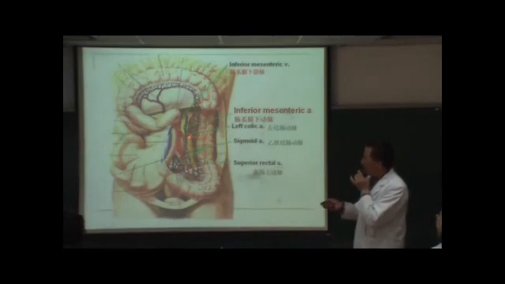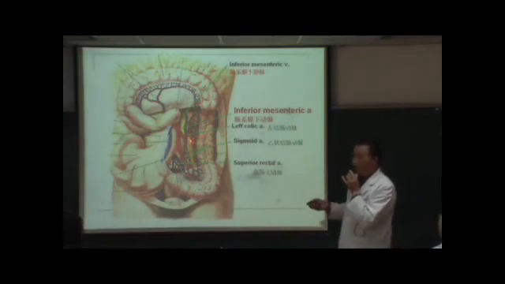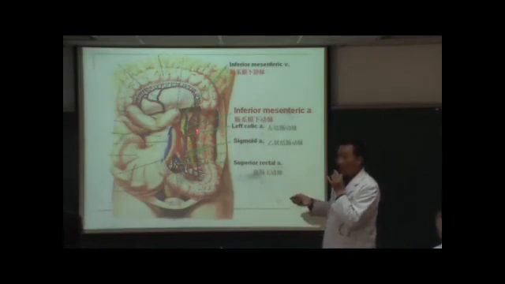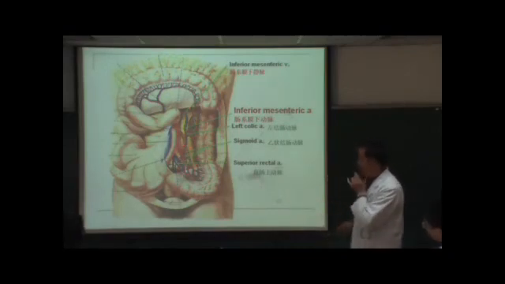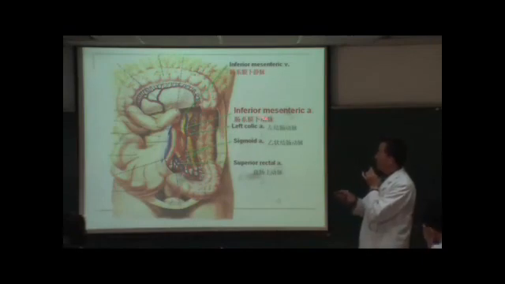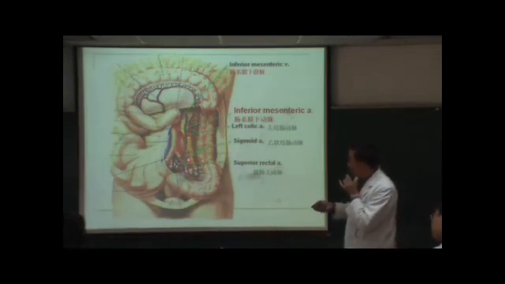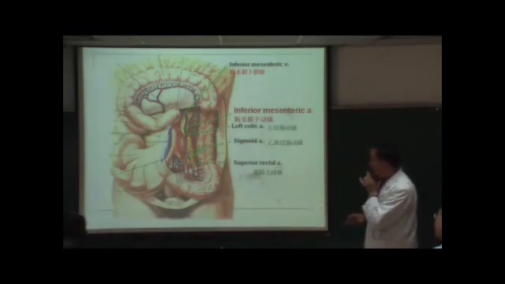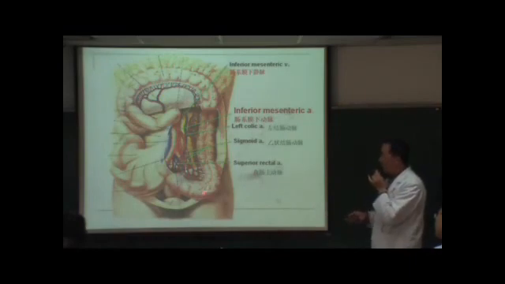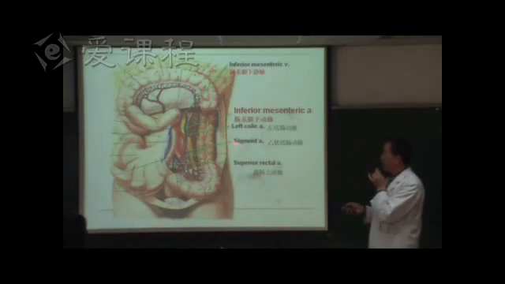Yes. This artery further divides into ascending and descending branches, two branches. And the inferior mesenteric artery gives several branches, 1, 2, 3, 4, several branches to supply the sigmoid colon. These are the sigmoid arteries. Read it.